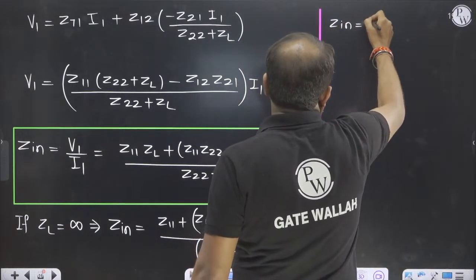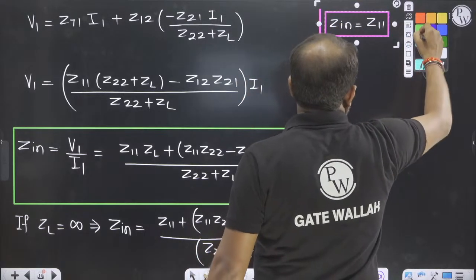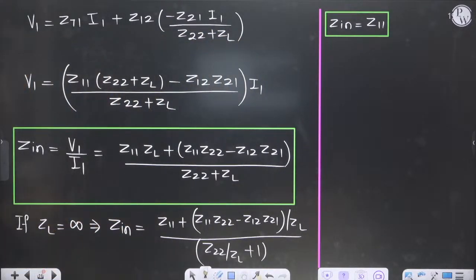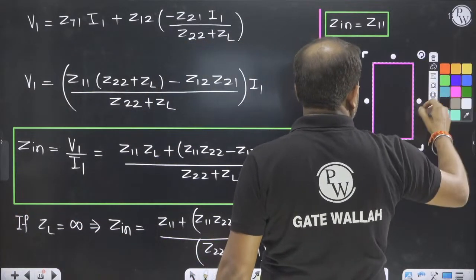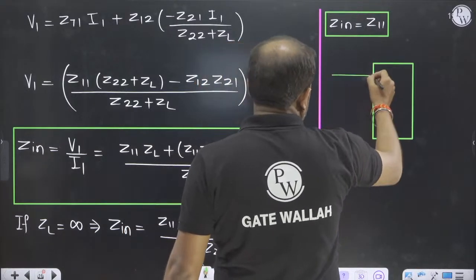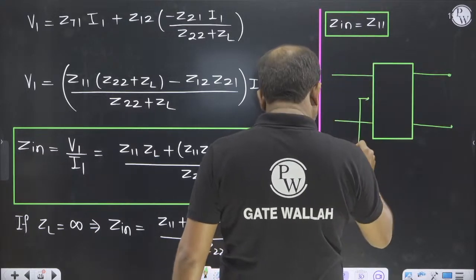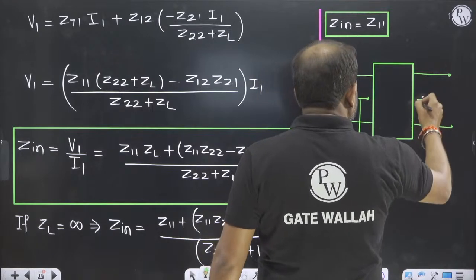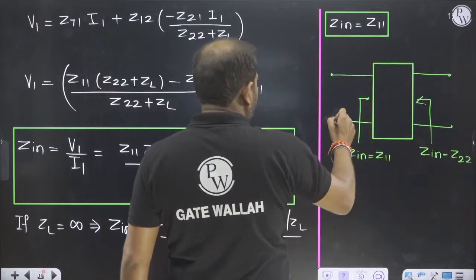So Zin will be equal to Z11. This is open circuit impedance, only if ZL is equal to infinite. In case of this one, if this is open circuit, then Zin is equal to Z11, and in this case Zin is equal to Z22, because this is also open circuit.